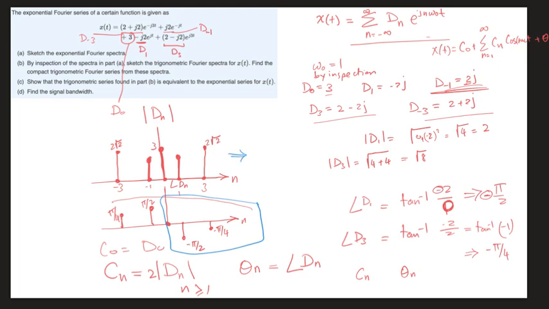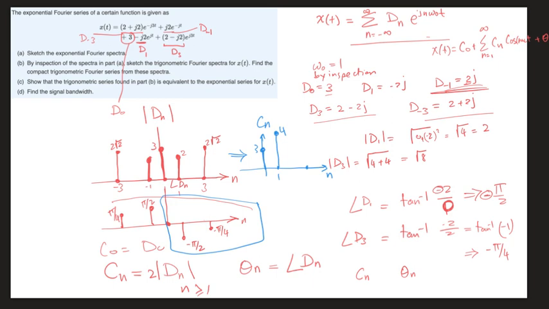Going to the Cn, at 0 it is the same, so this is 3. This is Cn versus n. At 1, the value was 2, now it will become 4.